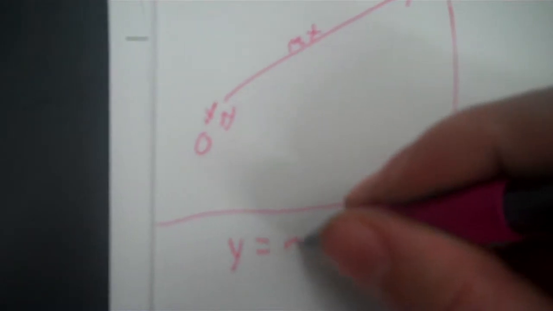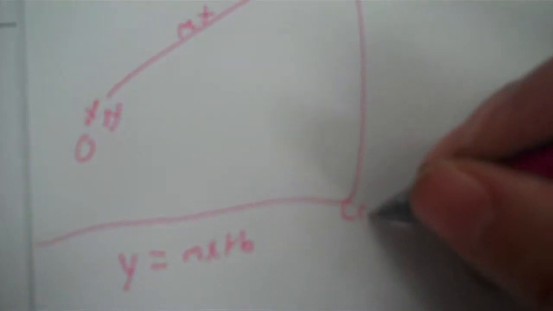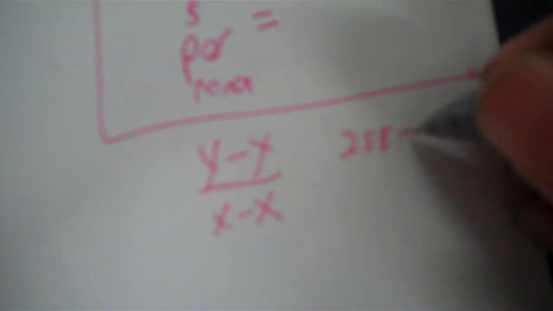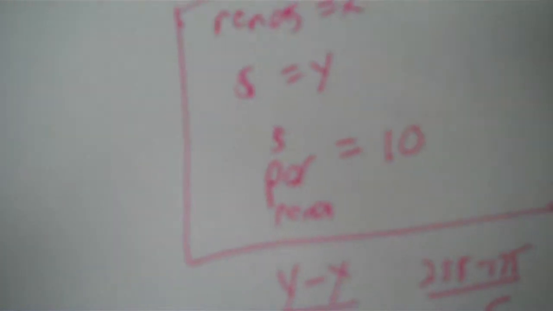But I've already established that the y does not start at 0, so I need y equals mx plus b and a combo. So that means I need to come over here and do y minus y, x minus x, so that way I have an m. So the money, we're going to have 255 minus 175, and then for the rounds you got 13 minus 5 in the same order. So that's 80 over 8, and that's 10. So $10 per round.